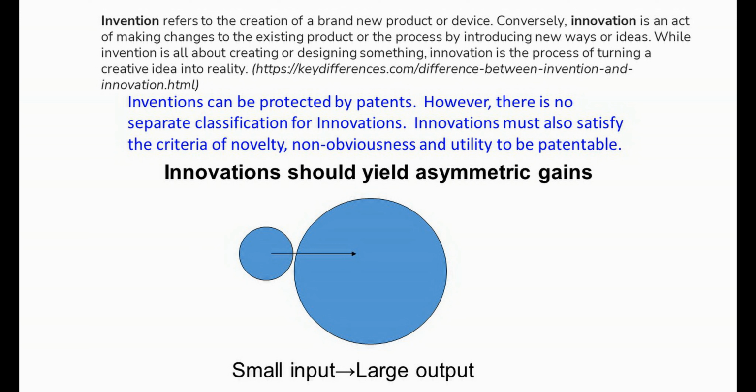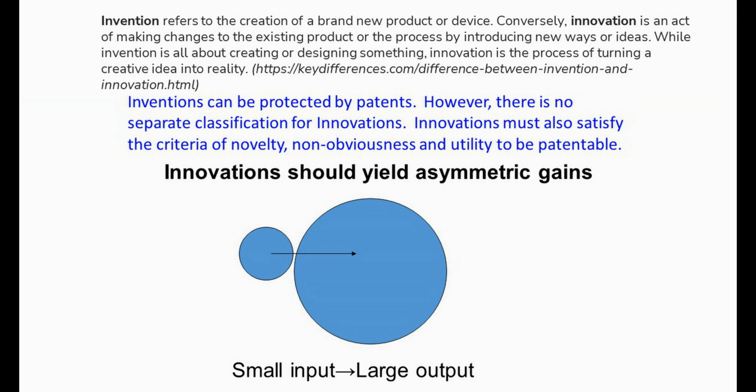For example, the patent office anywhere in the world does not recognize any class of inventions called innovations. There's no such thing. They only award patents for inventions. And an invention is something which must have novelty. It must have non-obviousness. It should not be obvious.